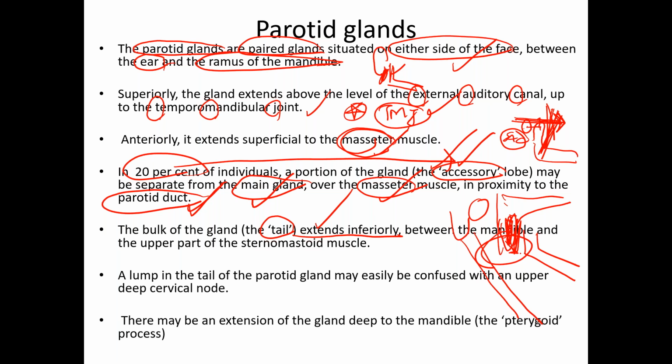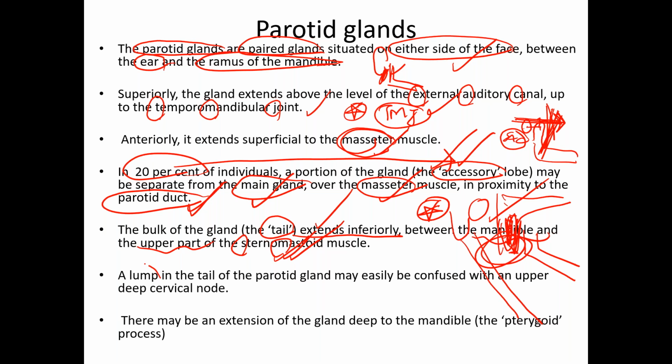So the bulk of the gland is between the angle of the mandible and the upper part of the sternocleidomastoid muscle.